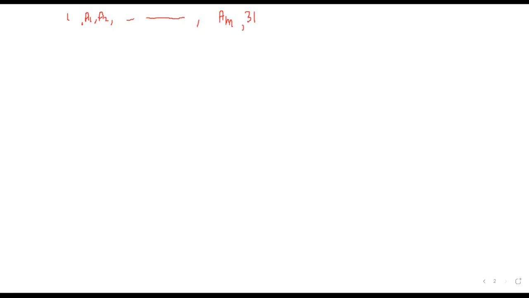And between them, when m AMs are inserted, how many terms will be in AP including these two, 1 and 31? How many terms are there in all?